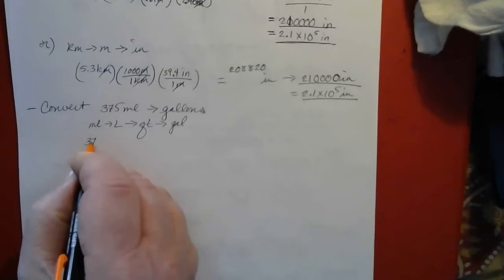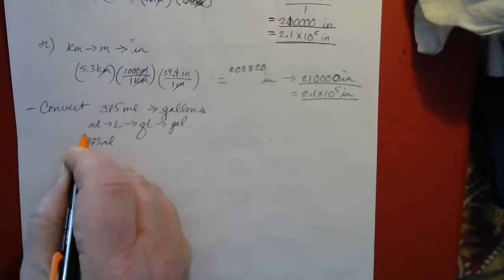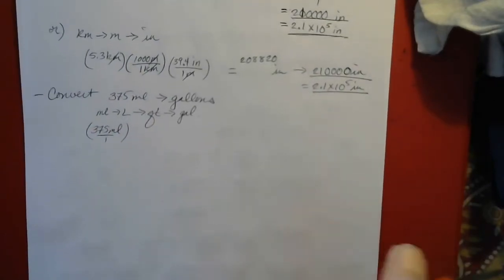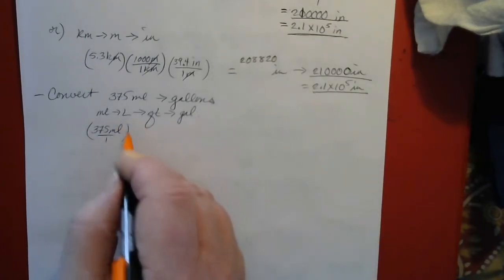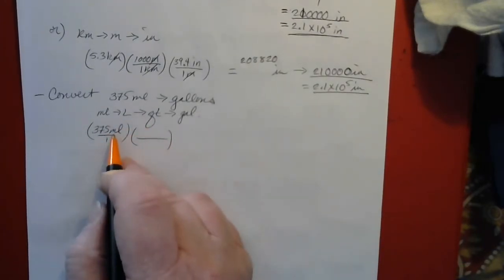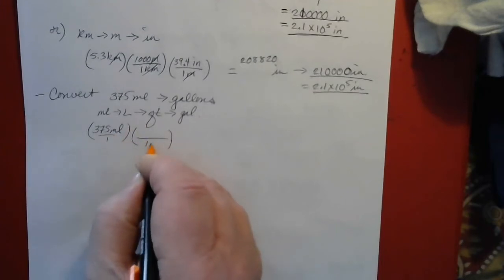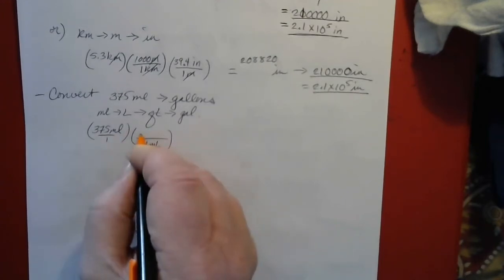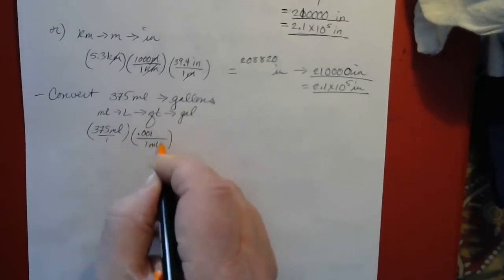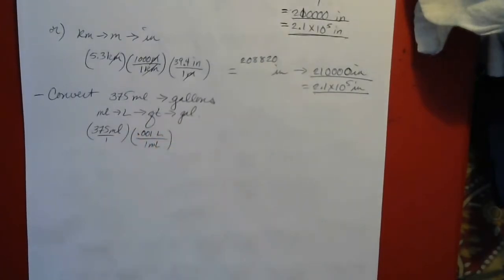So if we have 375 milliliters, and that, again, you can think of as being in the numerator, now we have to go to liters. We know that milli means 1/1000th. So there's 1 milliliter for every 1/1000th or 0.001 or 10 to the minus 3 liters.